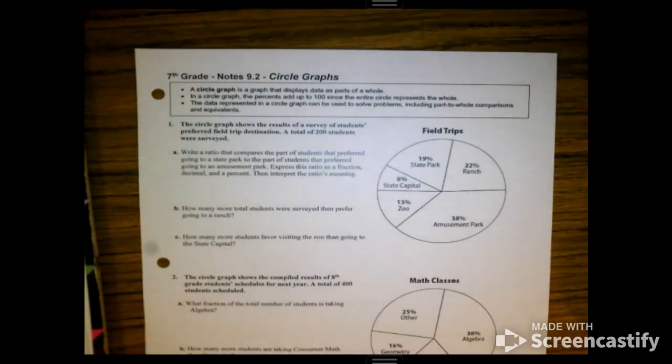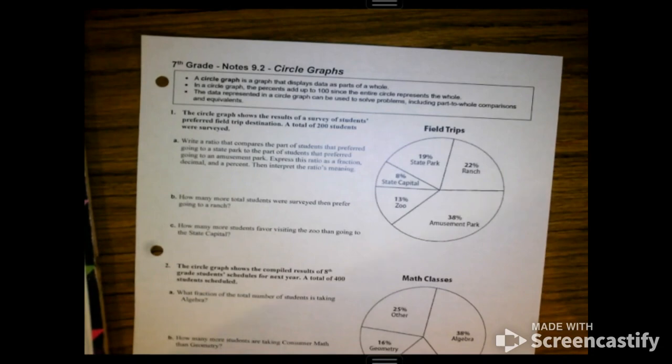Now, there were certain ways that we found what the percents were representing. Does anybody remember how, if I had 22% and my total was 200, I found what that number was? What did you say, Hattie?